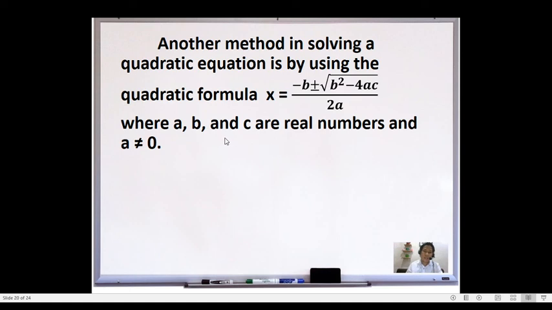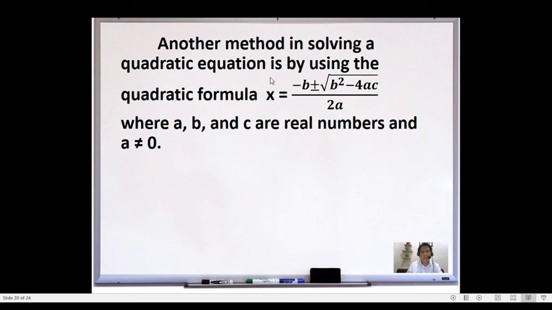Another method is by using the quadratic formula, and that is x is equal to negative b plus or minus the square root of b squared minus 4ac over 2a, wherein a, b, and c are real numbers and a should not be equal to 0.